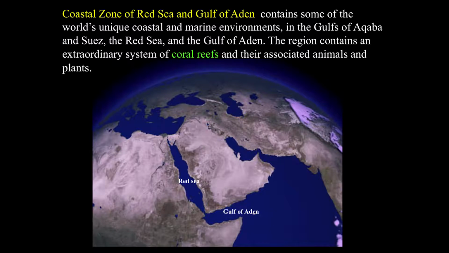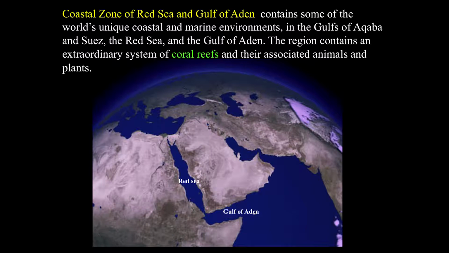Let's draw your attention to the coastal zone of the Red Sea and the Gulf of Aden. The region contains some of the world's unique coastal and marine environments in the Gulfs of Aqaba and Suez, the Red Sea, and the Gulf of Aden. Among the most notable is the extraordinary system of coral reefs and their associated animals and plants.